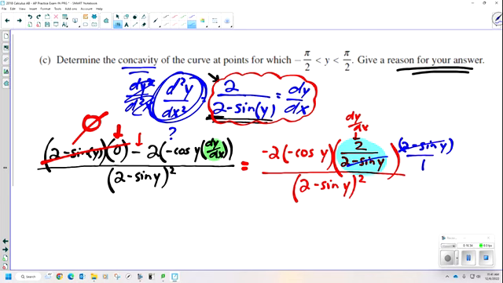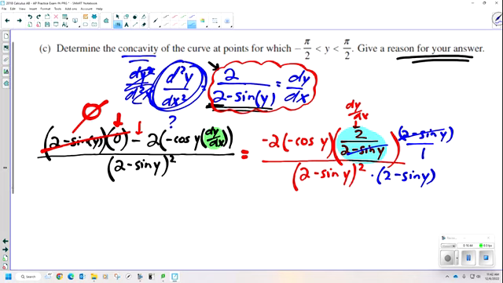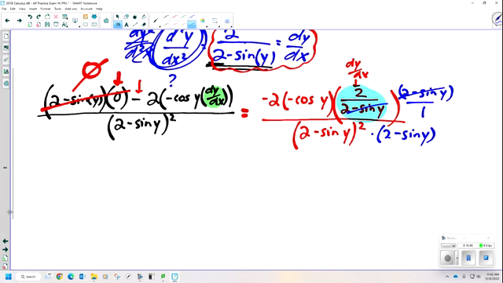What I do to the top, I need to do to the bottom. Let's not forget our basic rules of exponents: this is squared, this is the power of 1, so when I multiply common bases, I add the exponents. The bottom is going to be 2 minus the sine of y, cubed. That is the denominator.